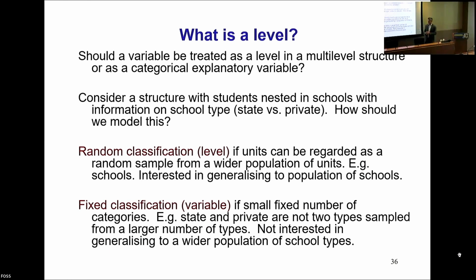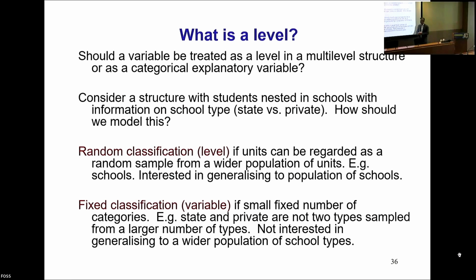Usually we wouldn't use ethnicity as a level in a multi-level model, because it doesn't make sense to generalize to a wider sample of ethnic or racial categories. We don't know what that means.